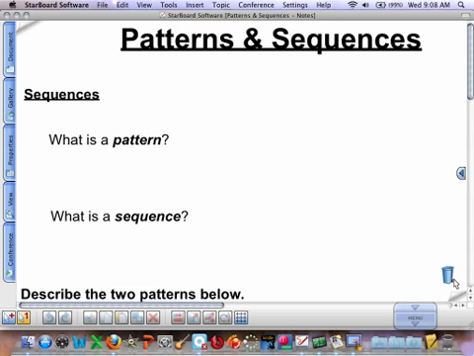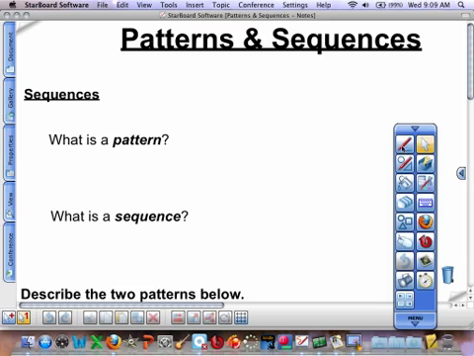I know it's not always something that we try to define, but what is it? It's an ordered list. That's all a sequence is. It's a list of values, a list of terms. Not just a random list, but an ordered list. So let's go ahead and write that down. A sequence is an ordered list.